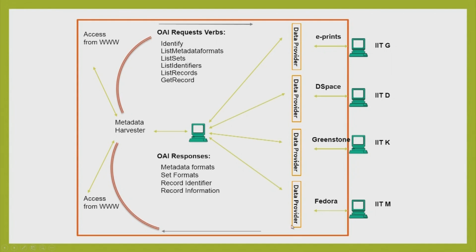They become the data provider, and that data provider information comes to a central repository, and this we term a harvester, and the internet or other users can access this information. So, this makes the harvester a central index which has indexed all the information from these 4 repositories.